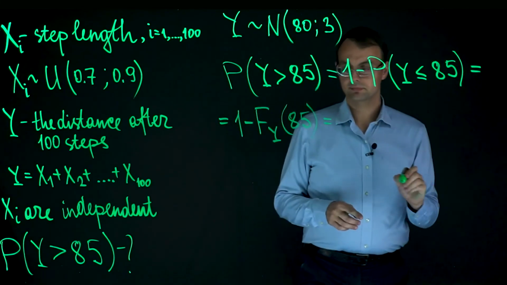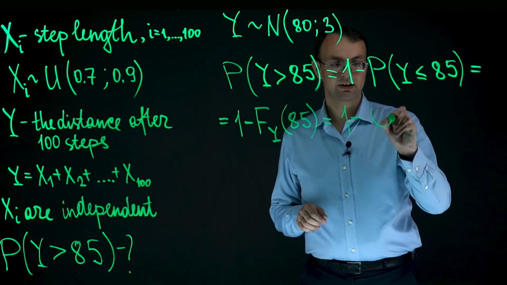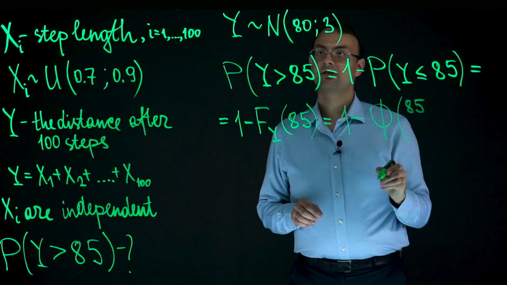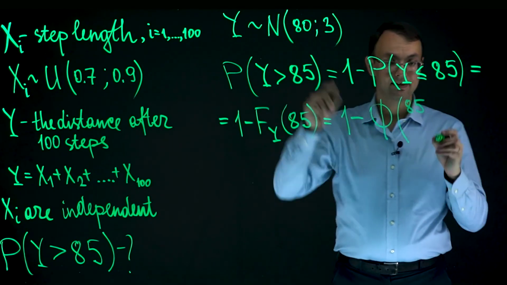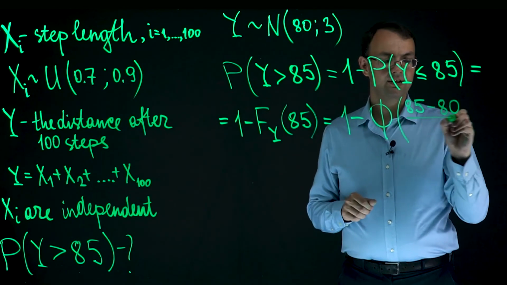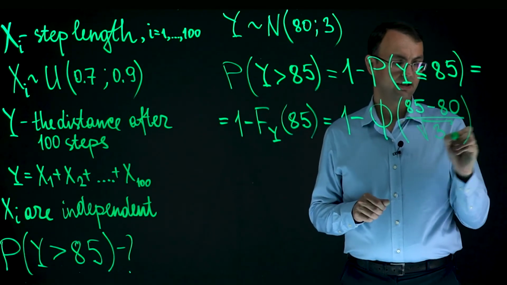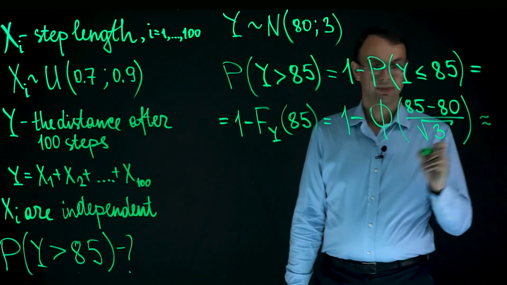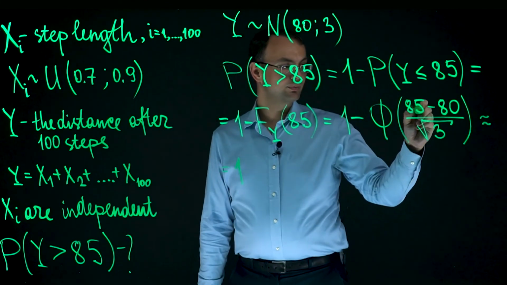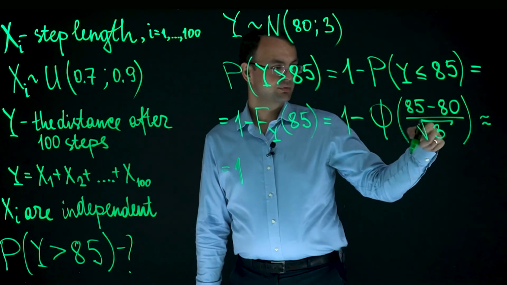As y follows normal distribution, the CDF can be expressed as phi of 85 minus mu, that is 80, divided by the square root of the variance, that is 3. This is 5 divided by square root of 3.